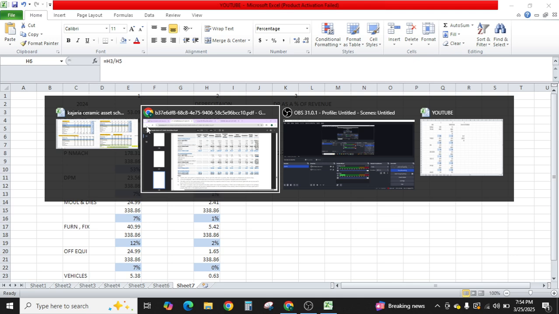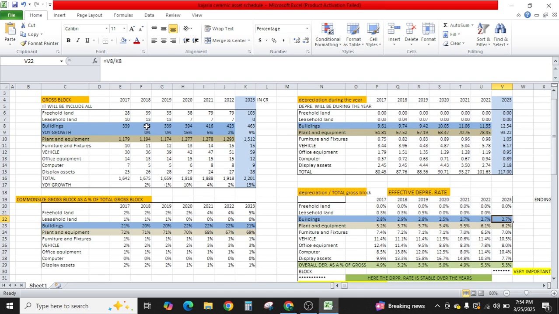So there are a total of three things we can do. One is this, one is this, and one is dividing by total gross block. Here I have taken 2023 depreciation for the year for line item building divided by total gross block of building for FY23. Another thing I can do is building depreciation for the year divided by total gross block.